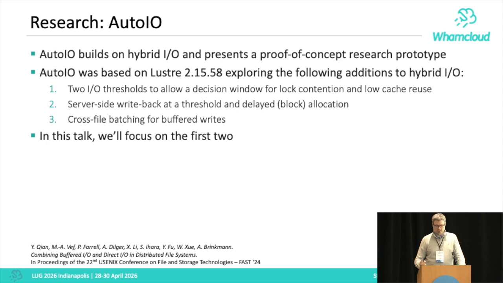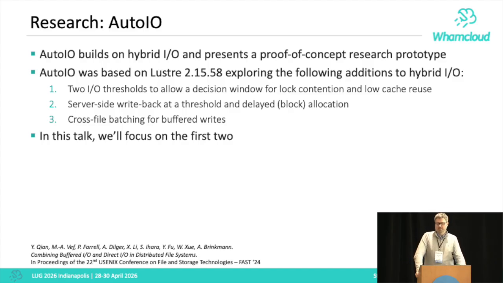Auto I/O was based on, as I said, 2.15.58. We wanted to see what kind of additional things we could do based on hybrid I/O to make this even better. One of those was a decision window, where maybe we don't only have one threshold, we have two, more on that later.